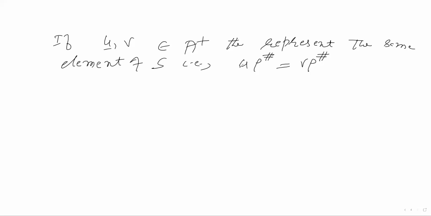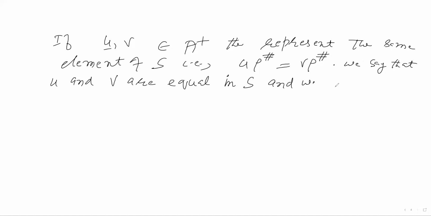Then we say that U and V are equal in S, and we write it as U equals V in S. This is the symbol for this equality.